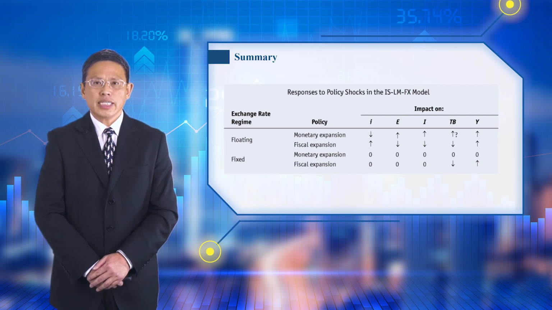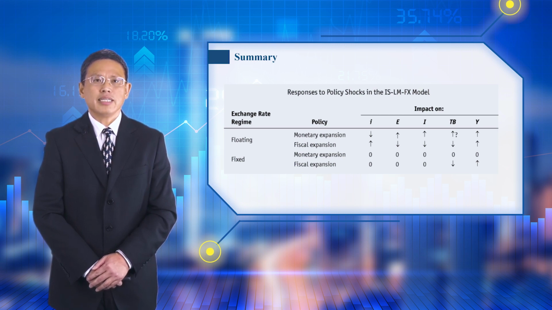On the other hand, fiscal policy is feasible under a fixed regime. Tax cuts or spending increases by the government can generate additional demand, but fiscal expansion then requires a monetary expansion to keep interest rates steady and maintain the peg.